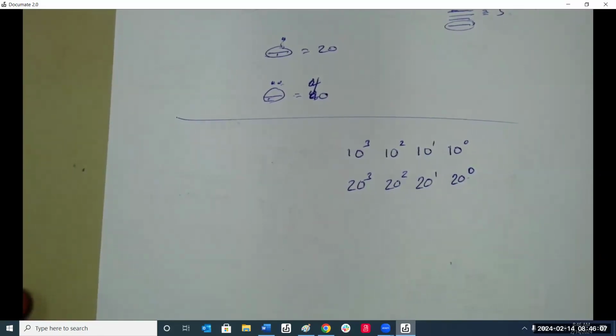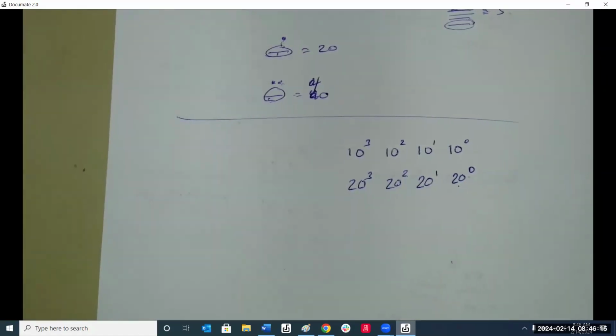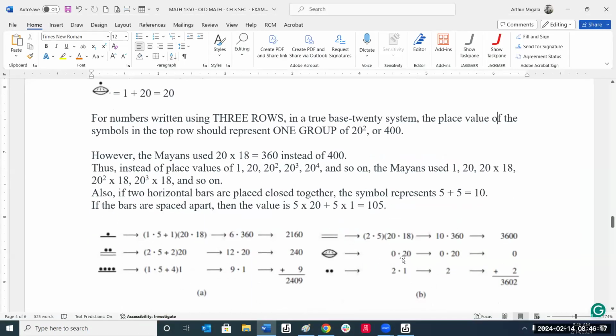No. For some reason, nobody knows why, they don't go clean like this. What they do is they drop down to 18. On the second column, the Mayans use 20 times 18 instead of 20 times 20 for the second column. Nobody knows why.